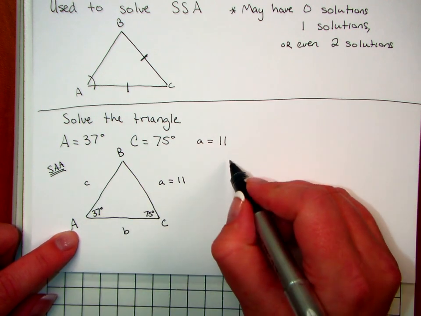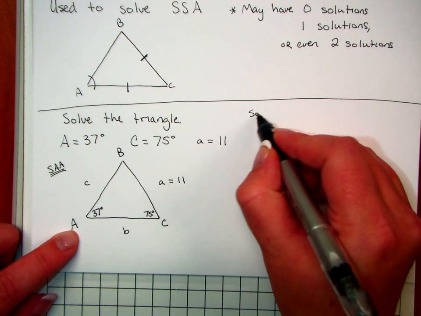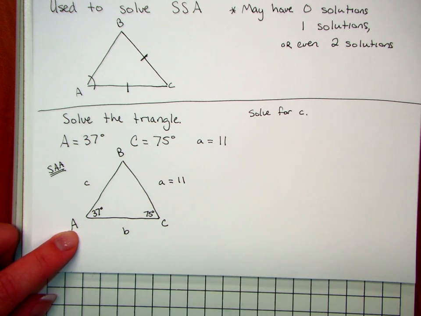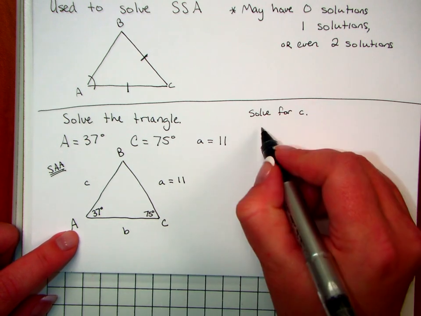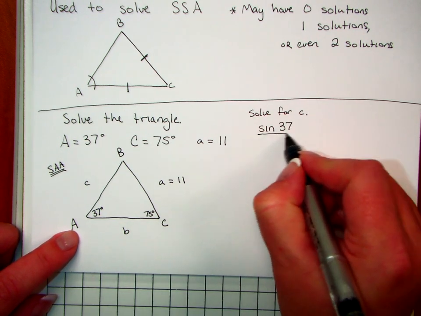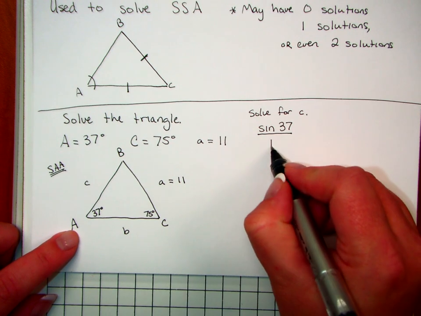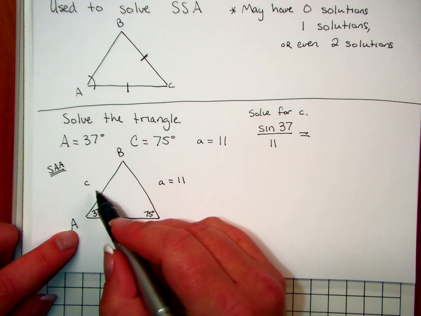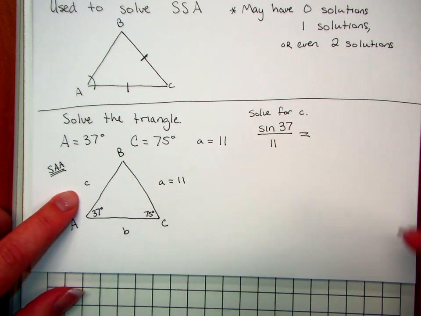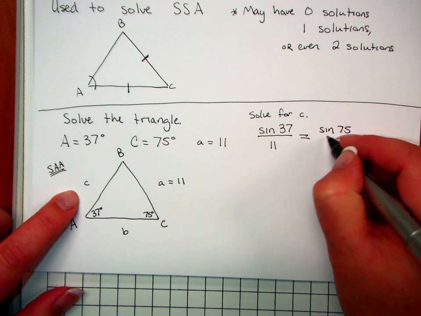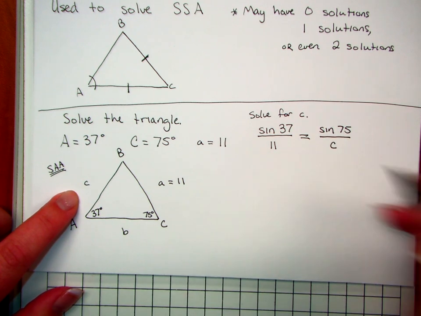I know I could find angle B rather quickly. I'll do it in a second. So let's do sine of angle A, which is 37, divided by side a, which is 11. And then I'm going to set up the proportion for angle C and side c: sine of angle C divided by side c.